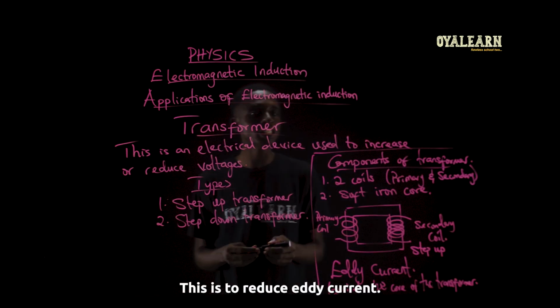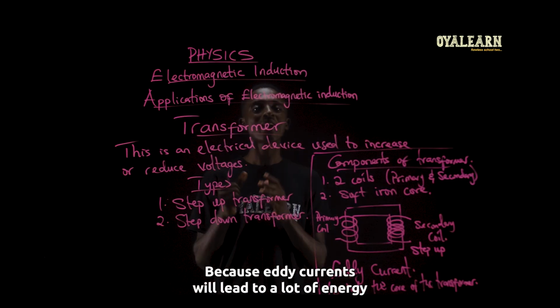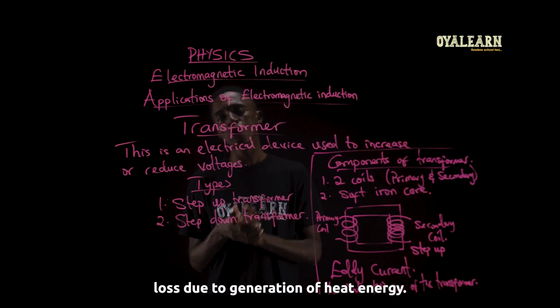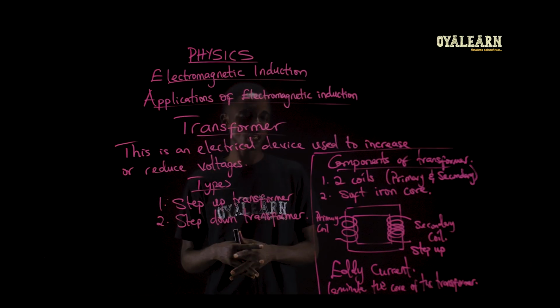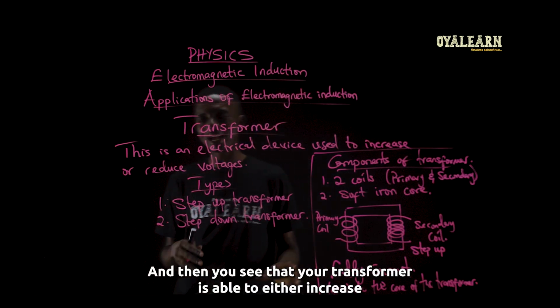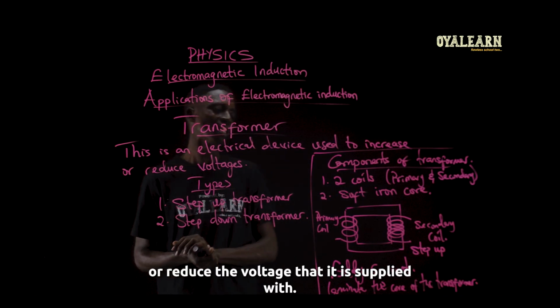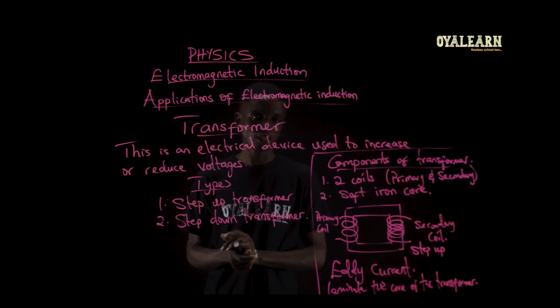This is to reduce eddy current, okay? Because eddy current will lead to a lot of energy loss due to generation of heat energy. So to reduce that, you laminate the core of the transformer, and then you see that your transformer is able to either increase or reduce the voltage that it is supplied with.